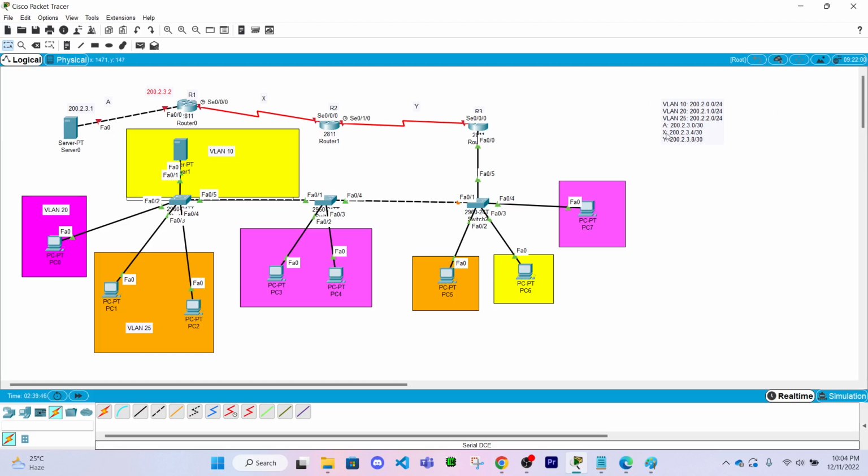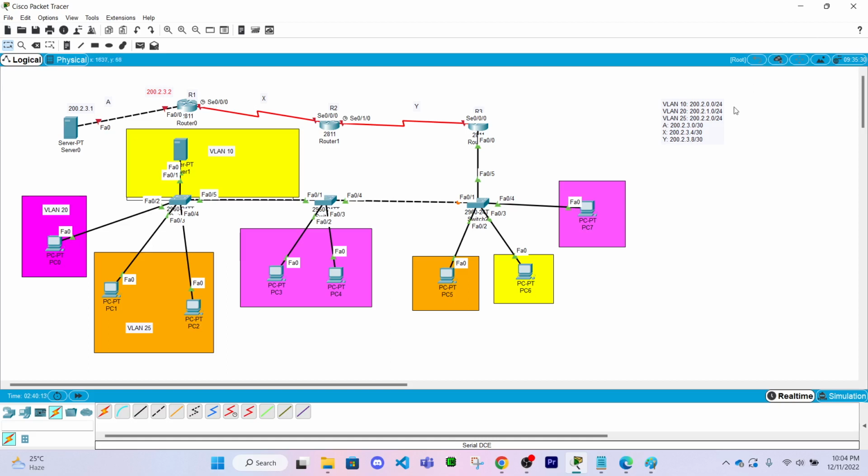So here network X is 200.2.3.4 and the net bit is 30. So the IP range is 200.2.3.4 to 200.2.3.7. So the available IPs are 5 and 6, as we don't use 4 and 7.